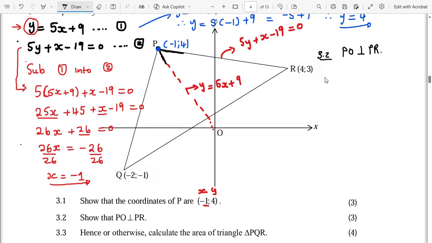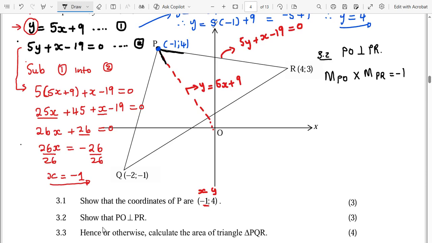If we take the gradient of PQ, then multiply that by the gradient of PR, you must get the answer minus 1. So if that's the case, you can conclude and say they are perpendicular.